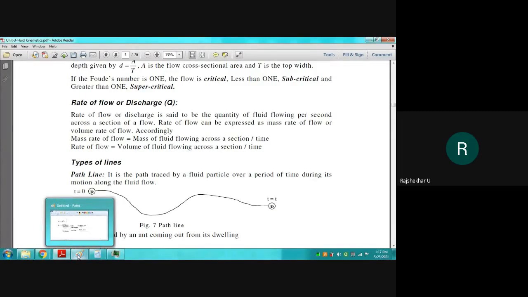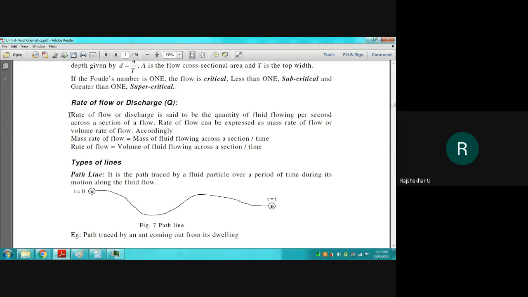After some time, when the water has come in, what is the increase in height? Based on that, they calculate the volume, because they know the surface area of the water and the height increase. Then what is the time taken to fill that height? Based on that, they get cusecs. I think you have heard about it many times: cusecs of water coming in, cusecs of water going out. That is nothing but discharge only.